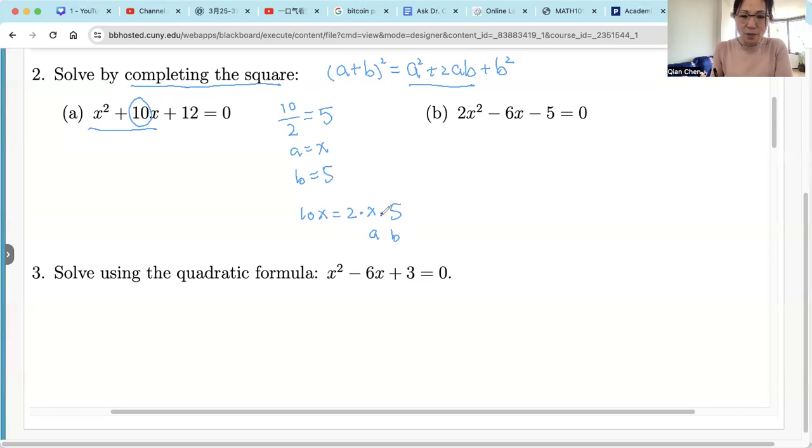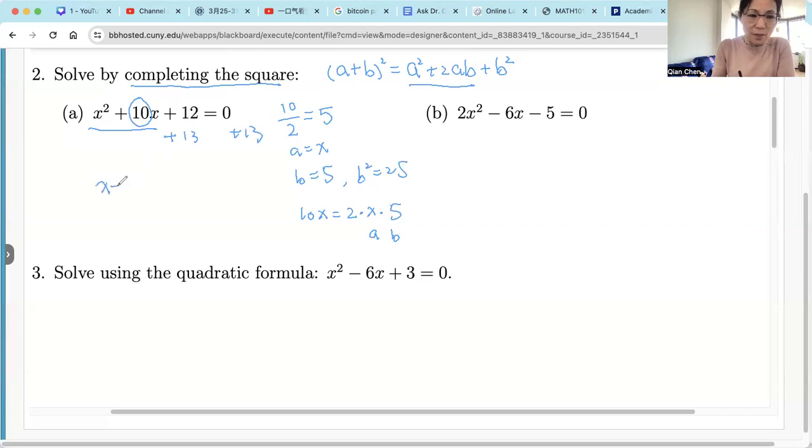Then 2 times x times 5. So B is 5. So if B is 5, B squared is 25. So we need 25, but we only have 12. So maybe we can plus 13 on both sides. Right? So 12 plus 13, we have 25.